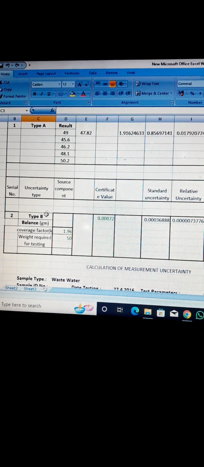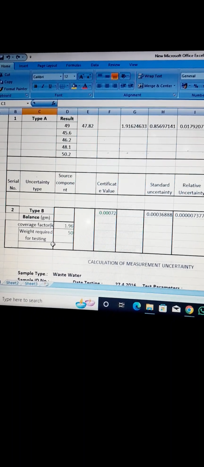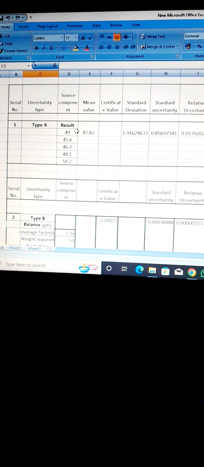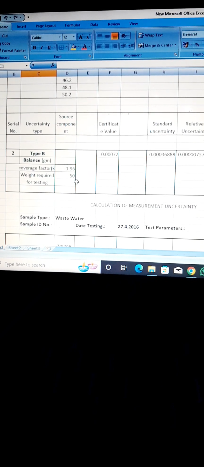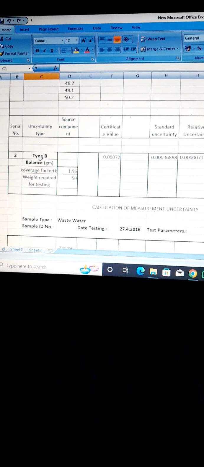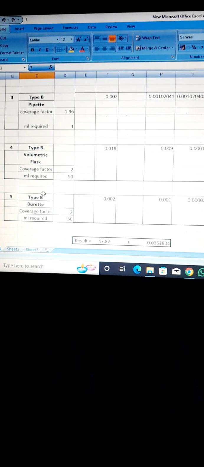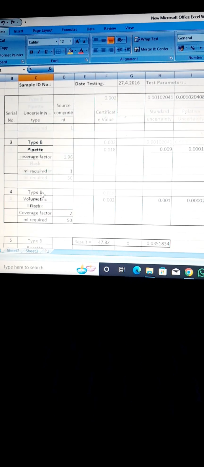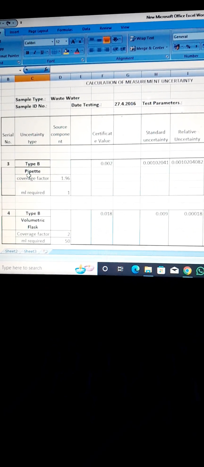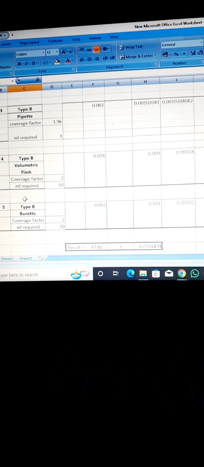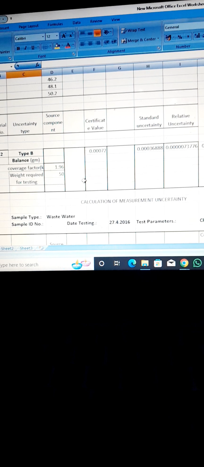Then due to the balance, the weight required for testing. So in type B we have to calculate the measurement of uncertainty due to the balance, then due to the pipette. And what are the equipments used for the measurement of the chloride parameter? Here I have taken the weighing balance, pipette, volumetric flask and burette.